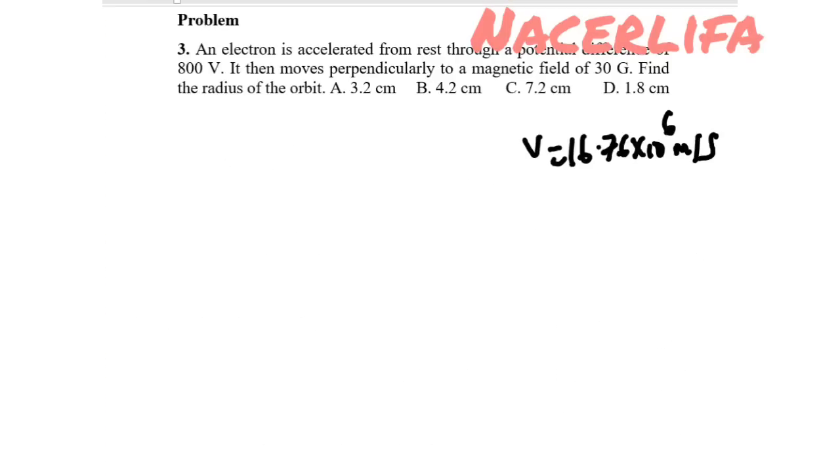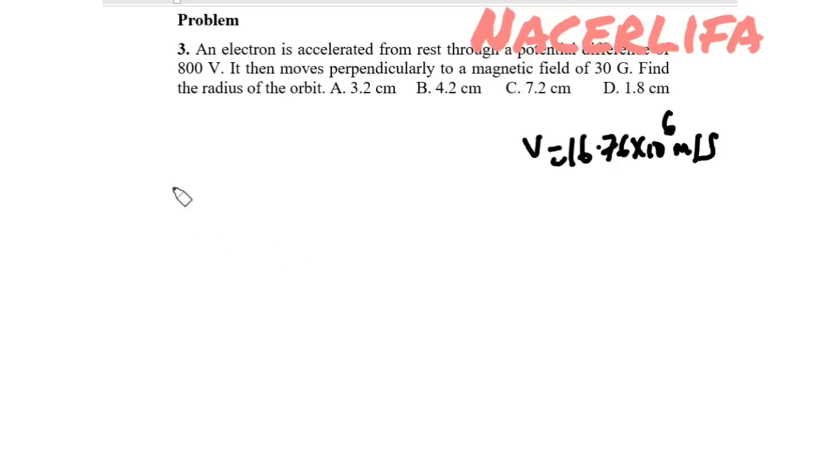To find the radius of the orbit, if the electron is moving around the orbit, the magnetic force is being provided by the centripetal force. And since it moves perpendicularly to the magnetic field, it experiences a maximum force.